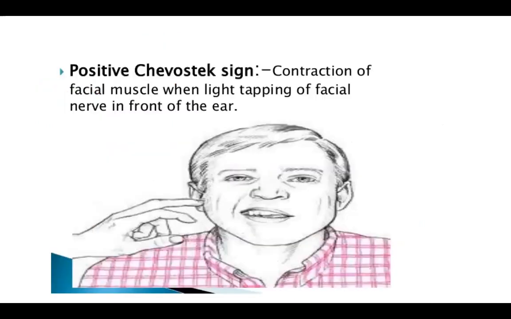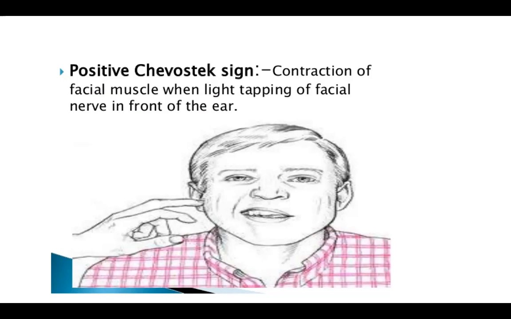Another sign is the Chvostek sign. And again, you will have to elicit it. How do you elicit it? You will gently tap in front of the ear onto the facial nerve, where the facial nerve enters onto the face. Once you gently tap that, there will be facial muscle spasm, or there will be twitching of the eyes or lips on that side.